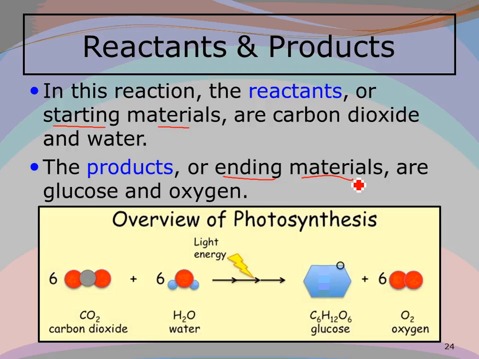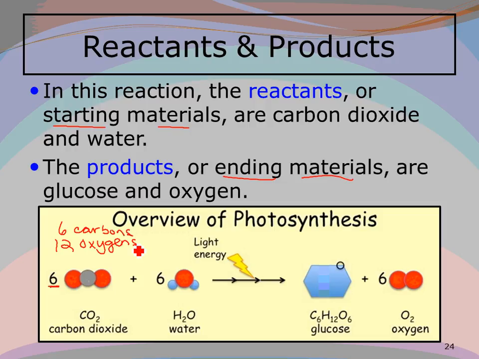So we start with 6 carbon dioxides. That's 6 CO2s, which means that we've got 6 carbons, right? And then since there's 2 oxygens in every molecule, and we have 6 molecules, that means that we have 12 oxygens.